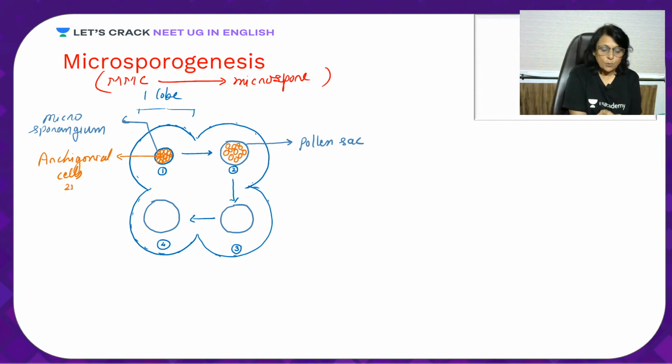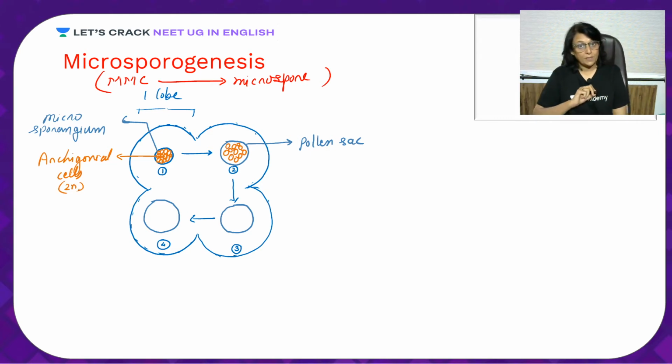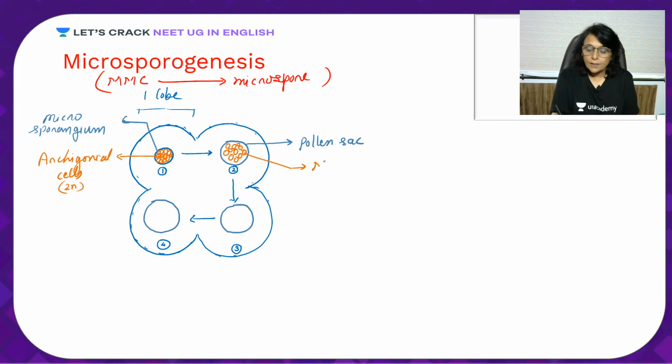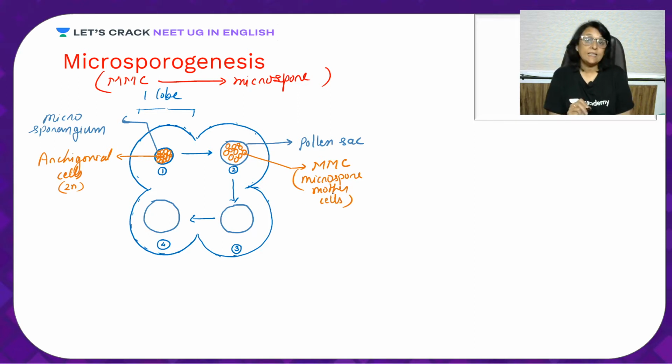These archesporial cells are diploid. Now when these cells get loosened up a little bit, we start calling them microspore mother cells. And these microspore mother cells are also diploid.